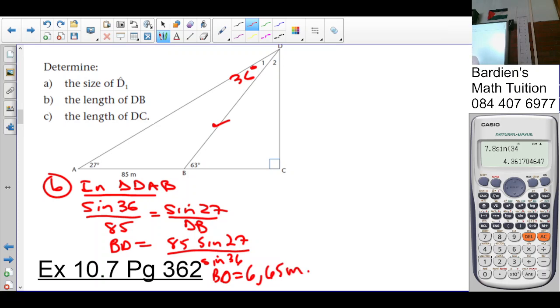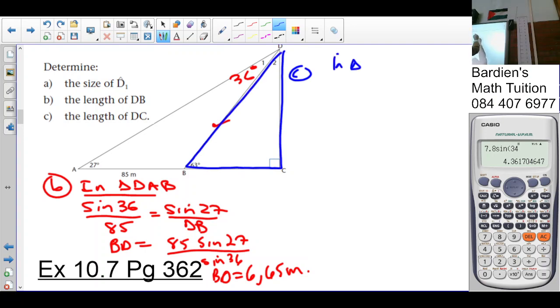Okay. And C, they ask you for DC. So there's your triangle, can you see that? It's in triangle DBC, remembering this is 65.65. Which trigonometric function uses opposite and hypotenuse? Sine.